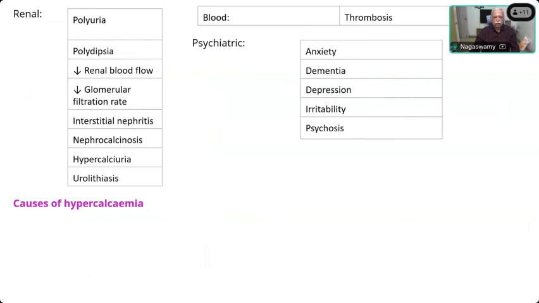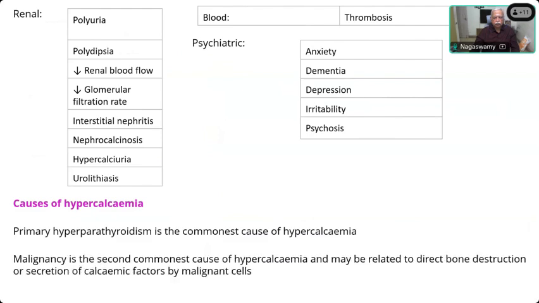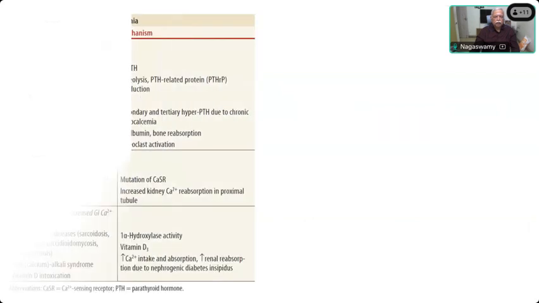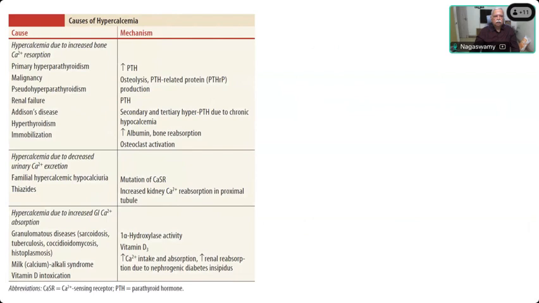So the causes of hypercalcemia are primary hyperparathyroidism, which is the commonest cause of hypercalcemia. Malignancy is the second commonest cause of hypercalcemia and may be related to direct bone destruction or secretion of calcium factors by malignant cells. Now, these are the causes of hypercalcemia at various levels, the mechanism.